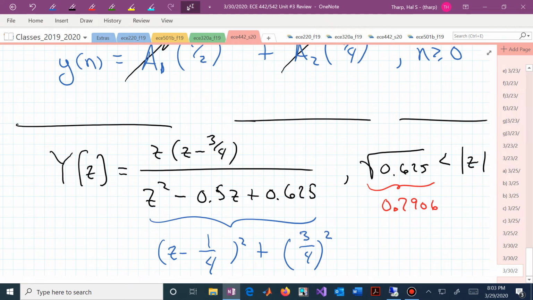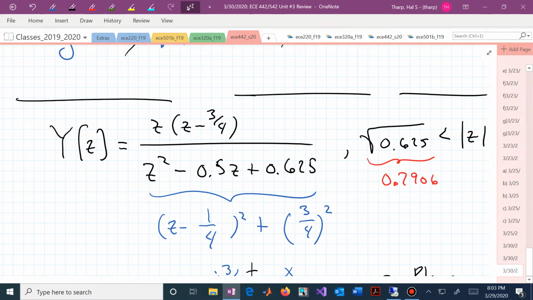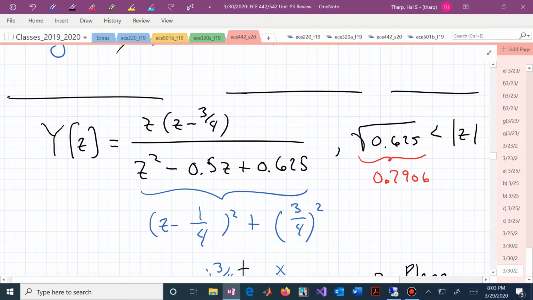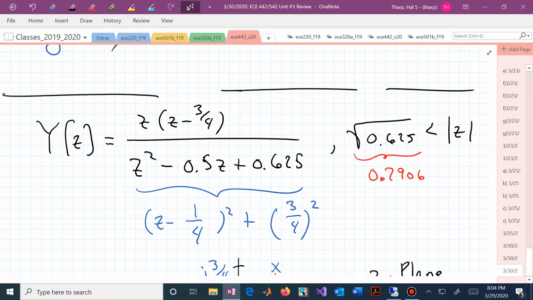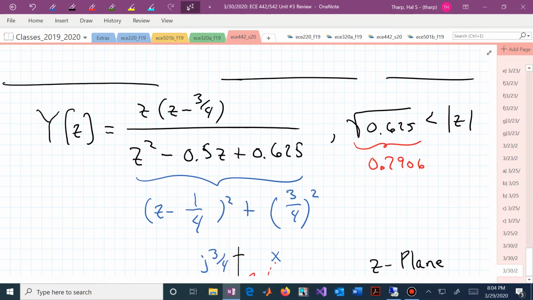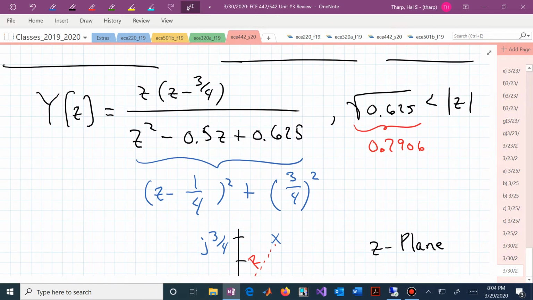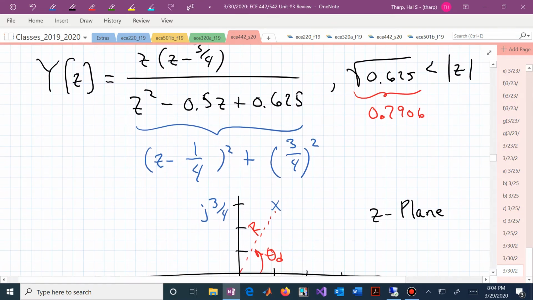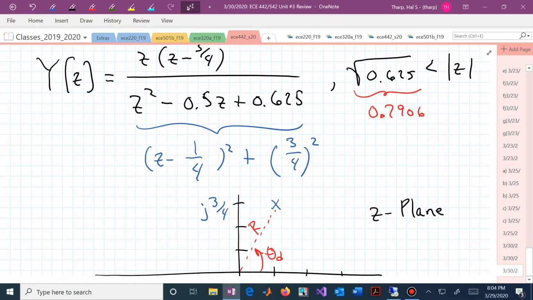What if the denominator actually led to complex roots for this quadratic? You could find that this can be written in another form where you now have z minus the real part, quantity squared, plus the imaginary part squared of those two complex roots.